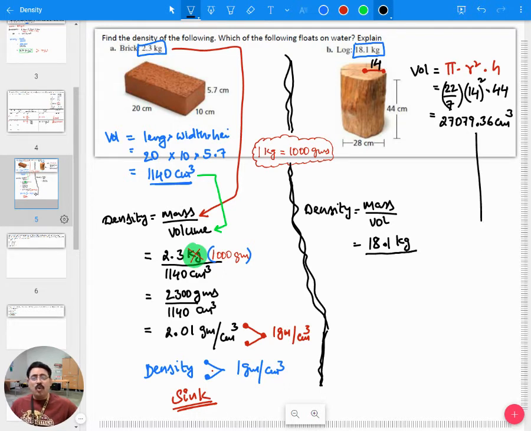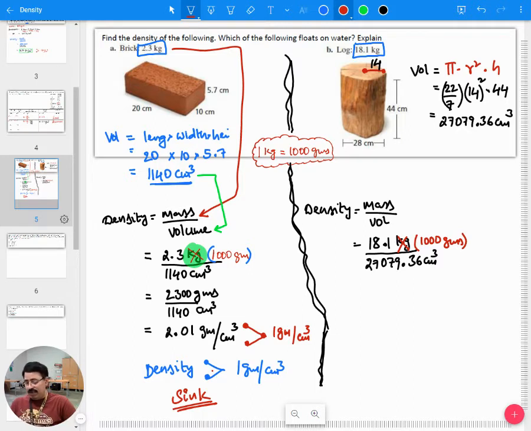And the volume we already computed: 27,079.36 cubic centimeters, right? In my previous calculation, I mentioned that instead of kilograms, you take 1,000 grams and multiply.